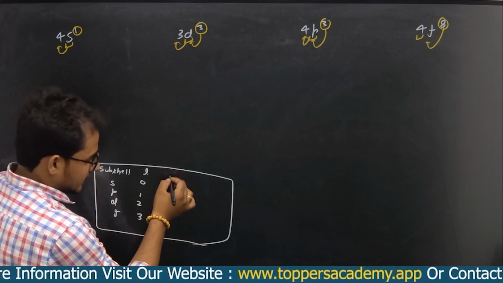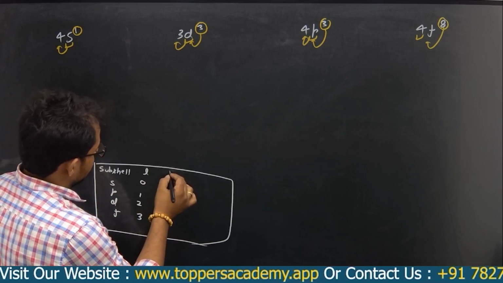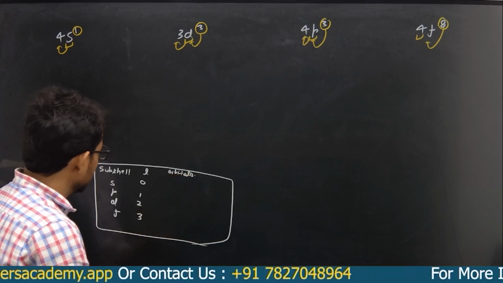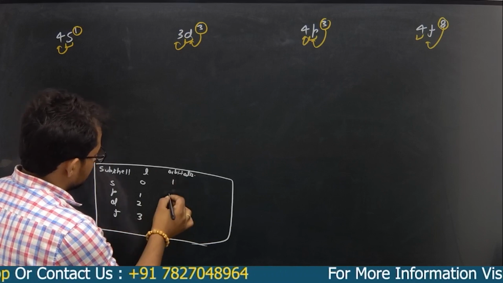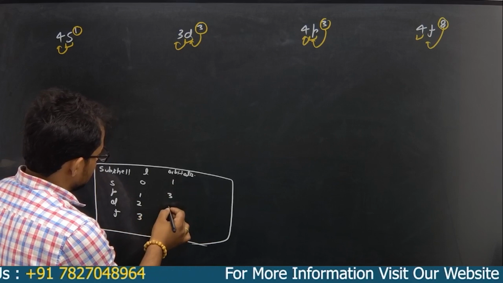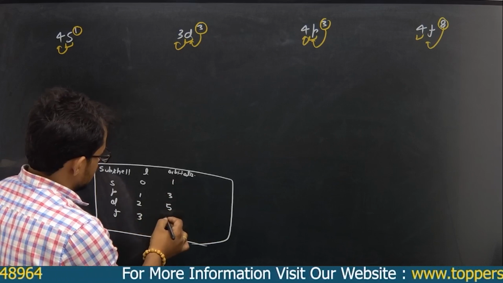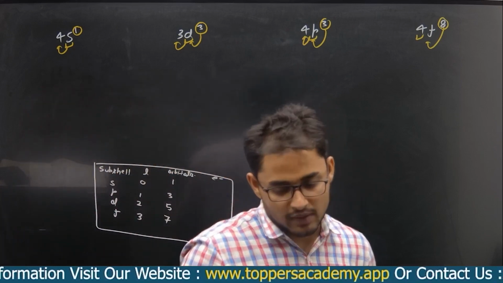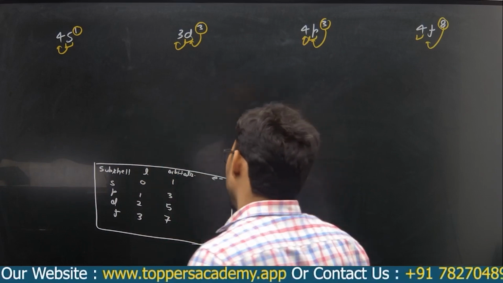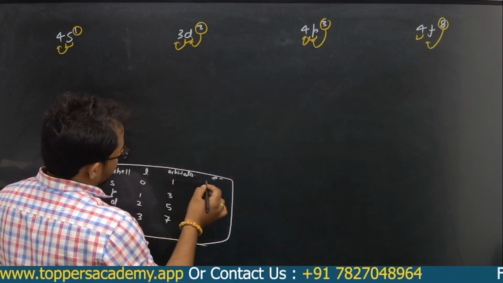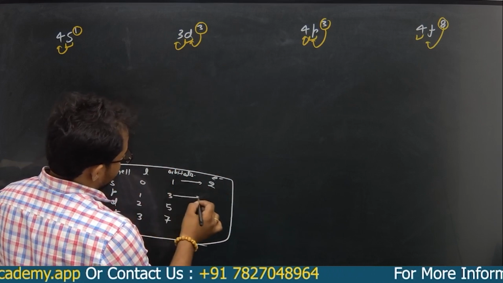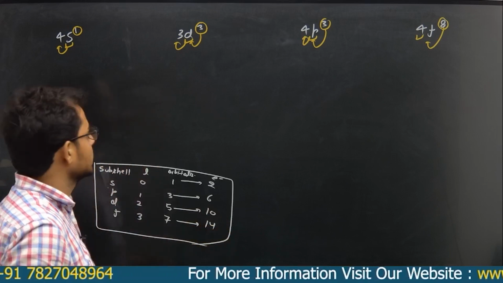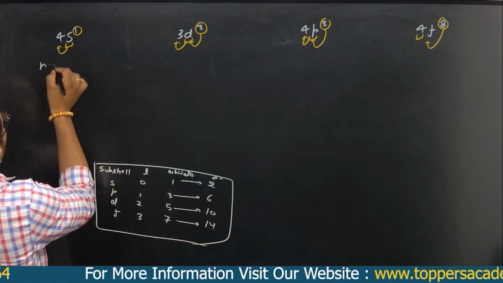Next, the number of orbitals that may be present: here 1 orbital, here 3 orbitals, here 5 orbitals, and here 7 orbitals may be present. Number of electrons: listen, one orbital can have a maximum of 2 electrons, so the number of electrons is just double: 2, 6, 10, 14.